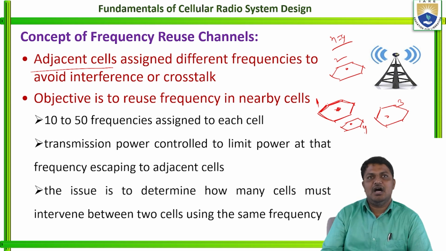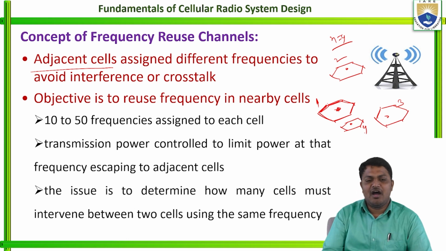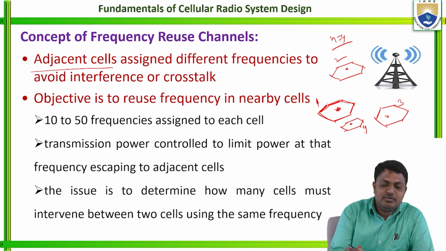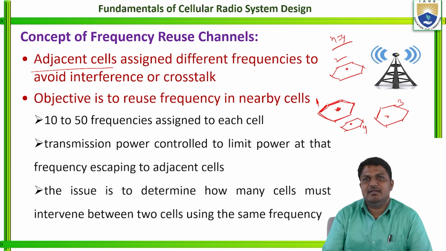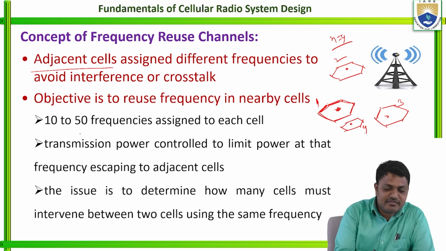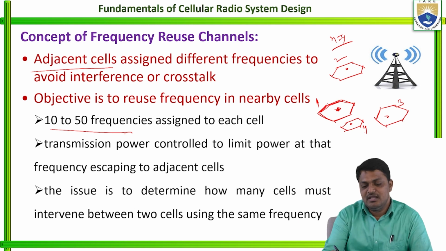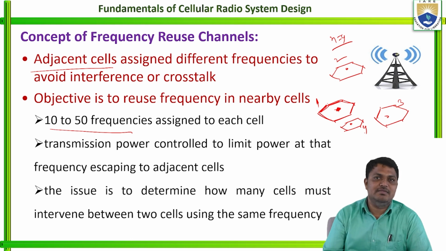The main objective of frequency reuse is to reuse the frequency in nearby cells. For example, 10 to 50 frequencies are assigned to each cell. Taking one cell, I assign nearly 10 to 50 frequency bands.